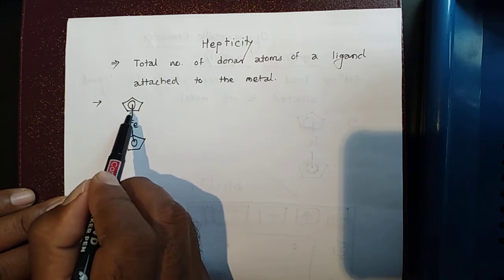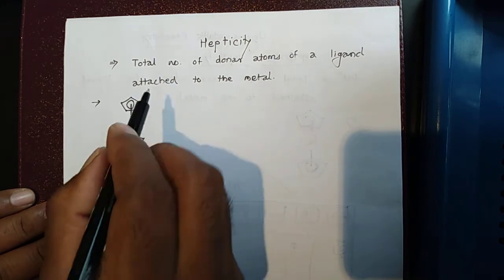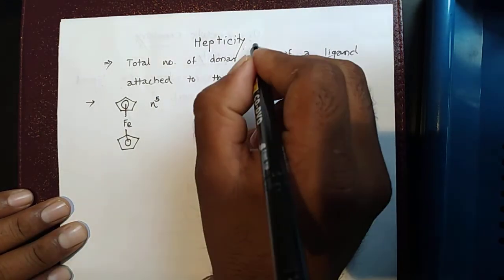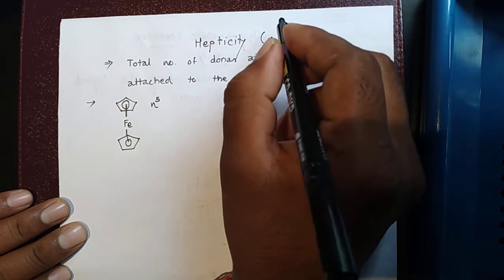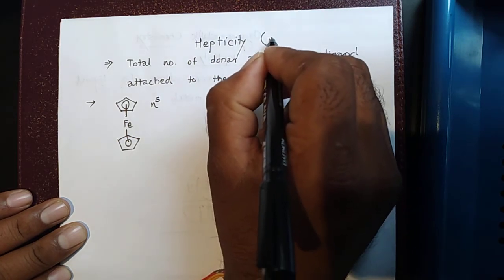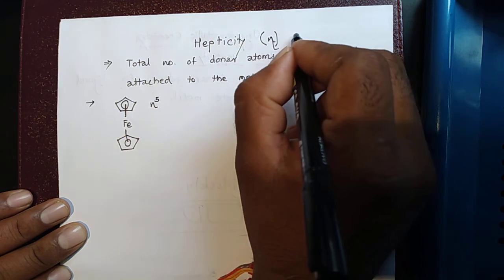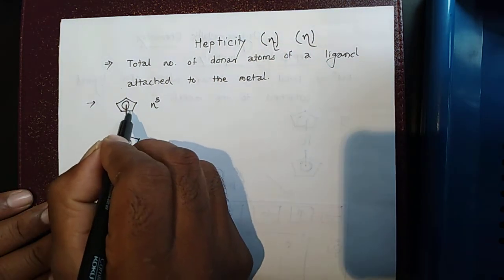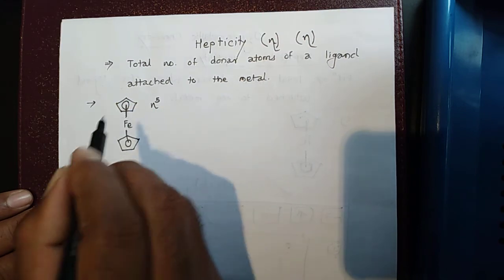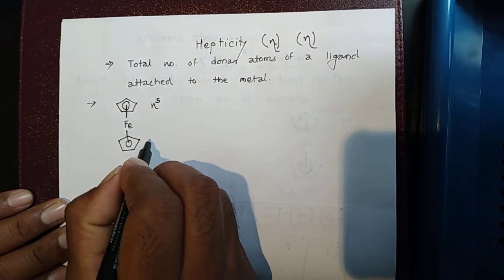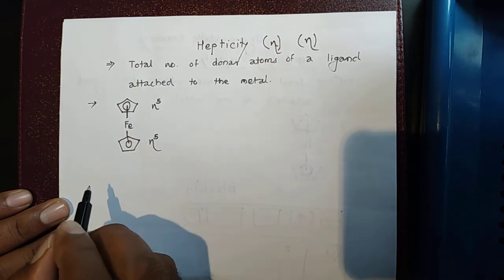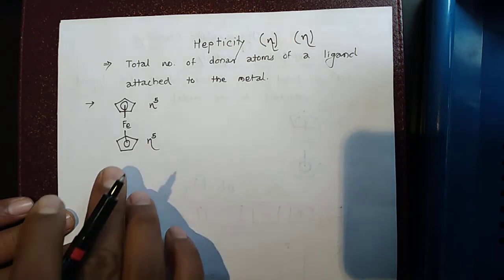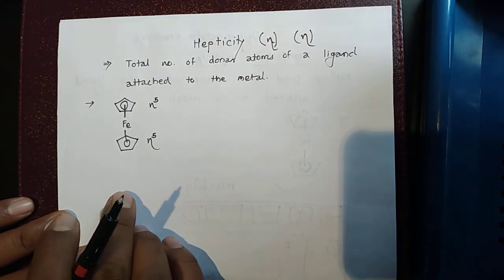So the hapticity of this particular ligand is η5, because hapticity is shown with eta. The same way here, η5, so eta 5 we can say. So this is the hapticity of this ligand.